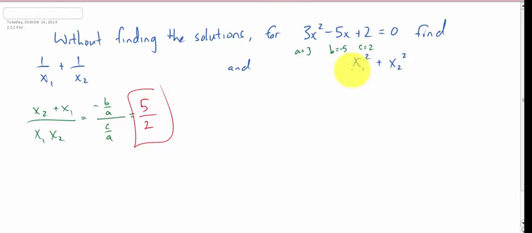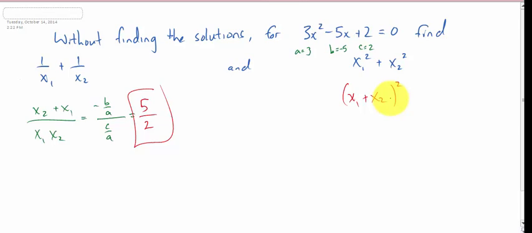For the second part, x1 squared plus x2 squared, again, we want to think of this in terms of the sum of the roots or the product of the roots. Now, it might be tempting to say that that's (x1 plus x2) squared. But hopefully you're thinking, okay, (x1 plus x2) squared, you have to FOIL. There's a middle term.